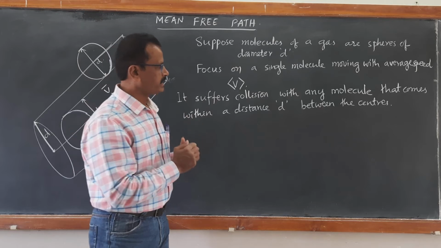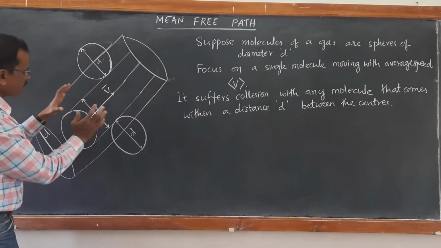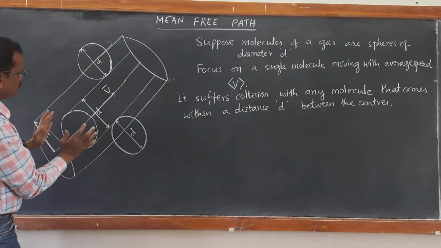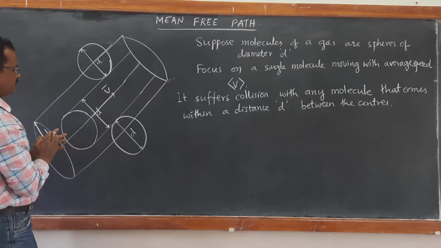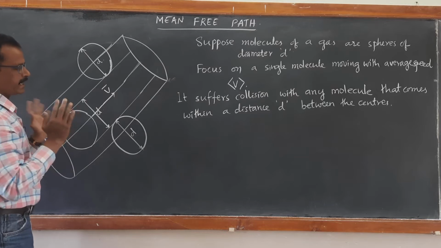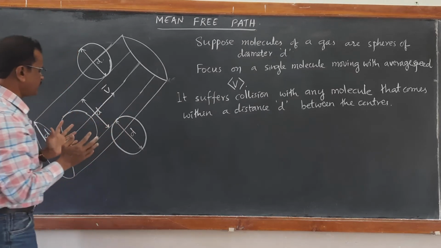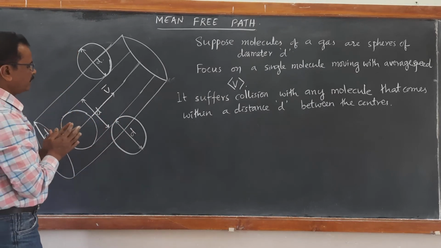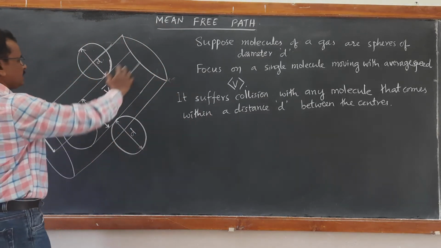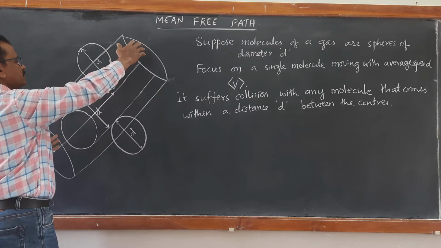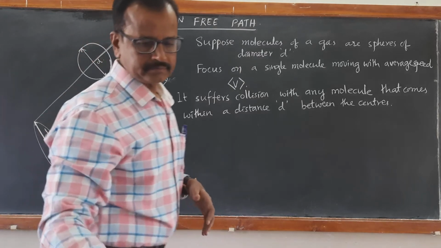Now we can calculate how many such molecules are there within a short period of time delta t. We want to calculate how many molecules it is going to collide with in a short period of time delta t.